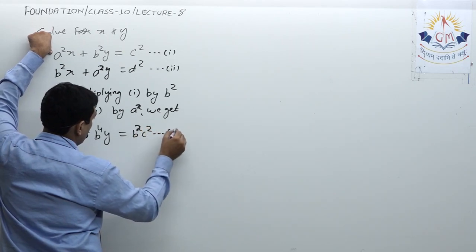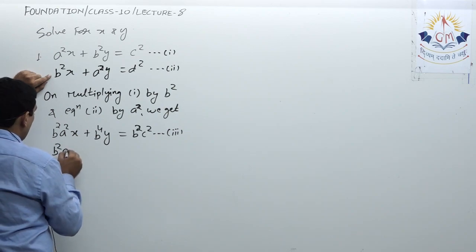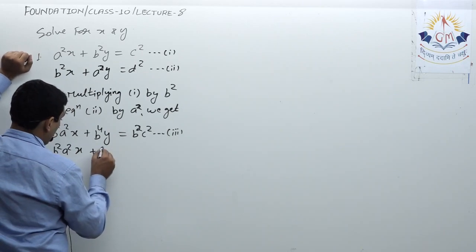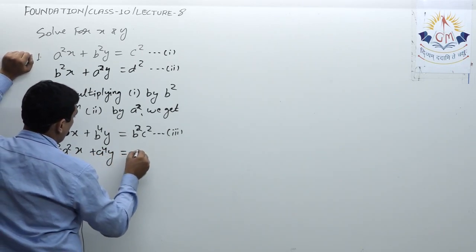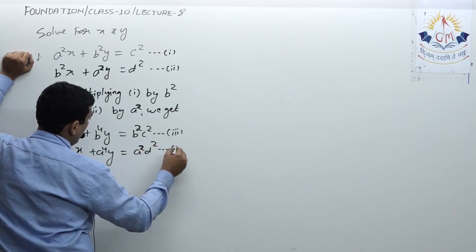This is equation 3. Over here I multiply with a square, so b square a square x plus a raised to 4 y is equal to a square d square. Let it be equation number 4.